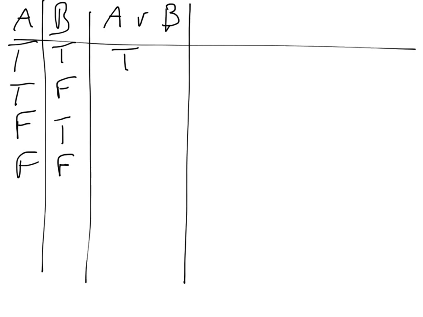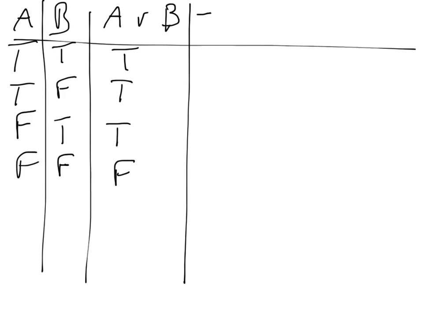You don't have to write this over. It's just because I can't fit everything on my screen. Our next one is A or B. When A is true or B is true, that's true. When either A or B is true, that's true. The only time when A or B is false is when both statements are false.